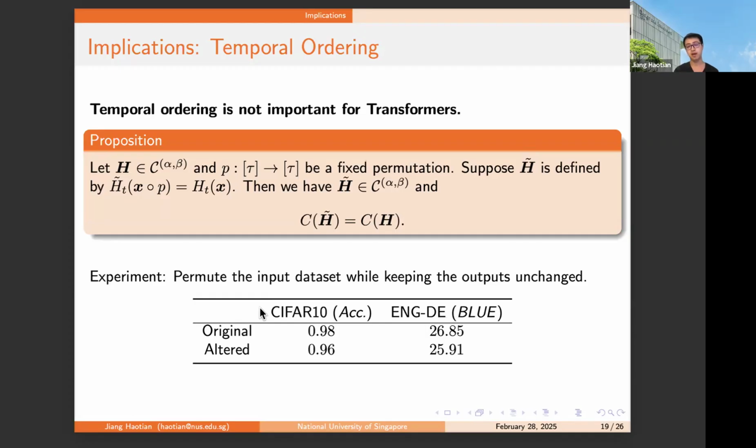But for some applications where the temporal ordering is important, for example, time series forecasting, the transformer is not good at such tasks, because this task has strong temporal ordering relationships, but the transformer is not taking them into consideration.